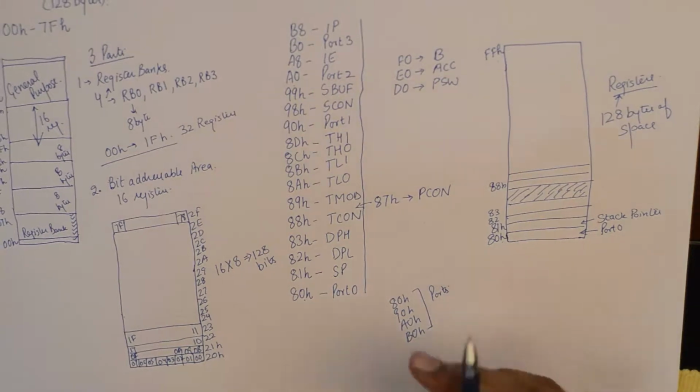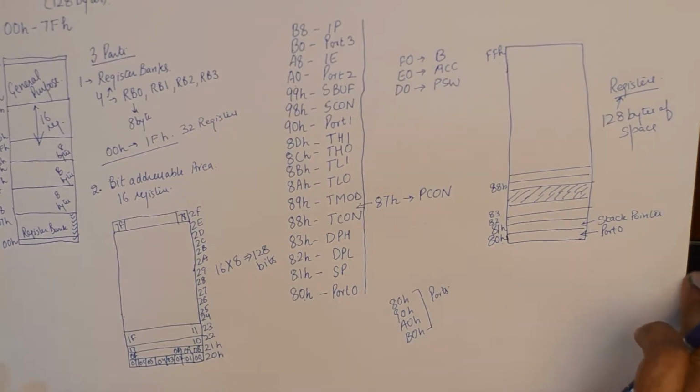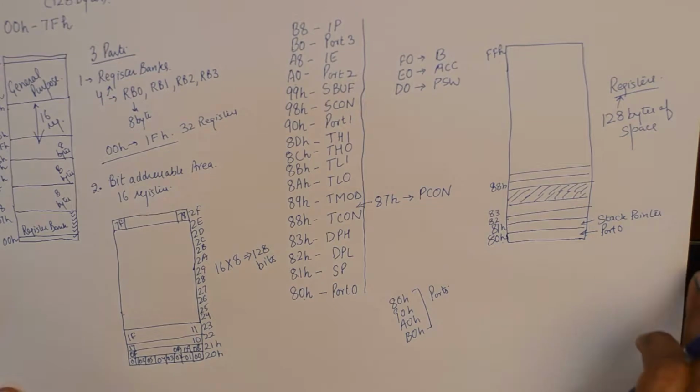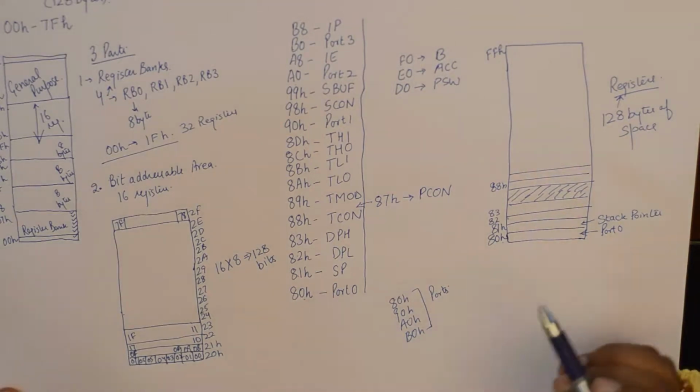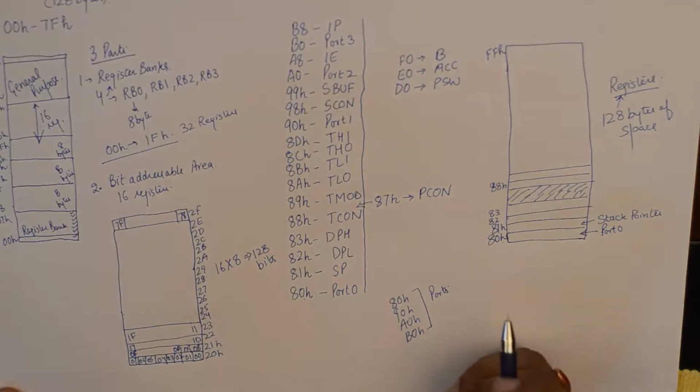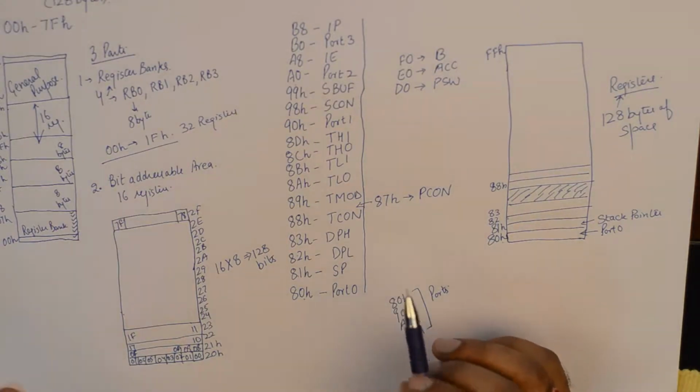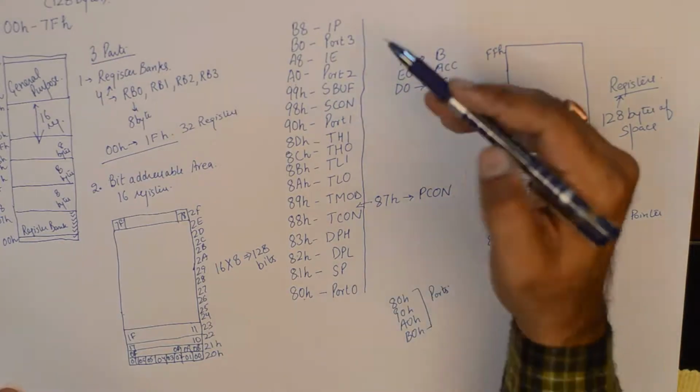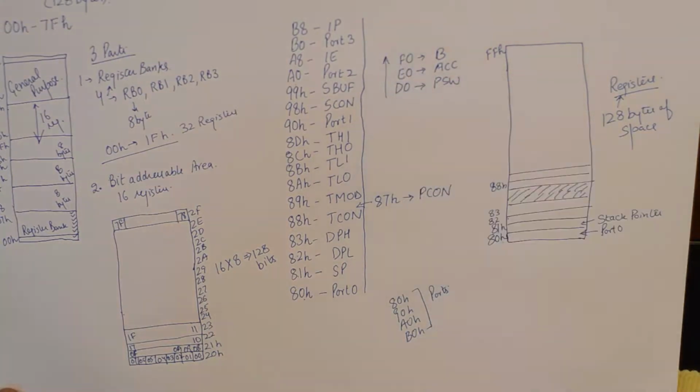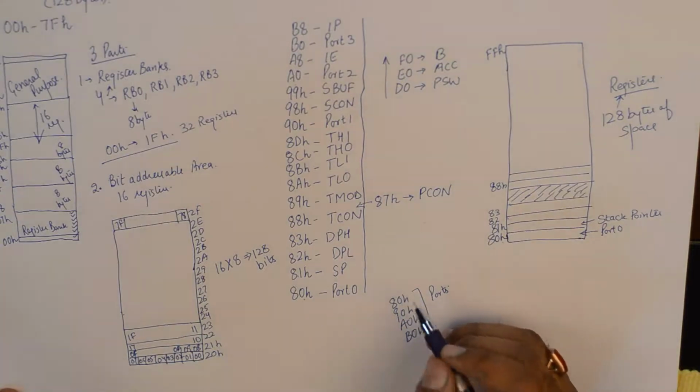But that way I think it is not easy to remember their addresses, because I'll touch upon a point now. Out of these special function registers that I've listed here and here, these are 21 in number.